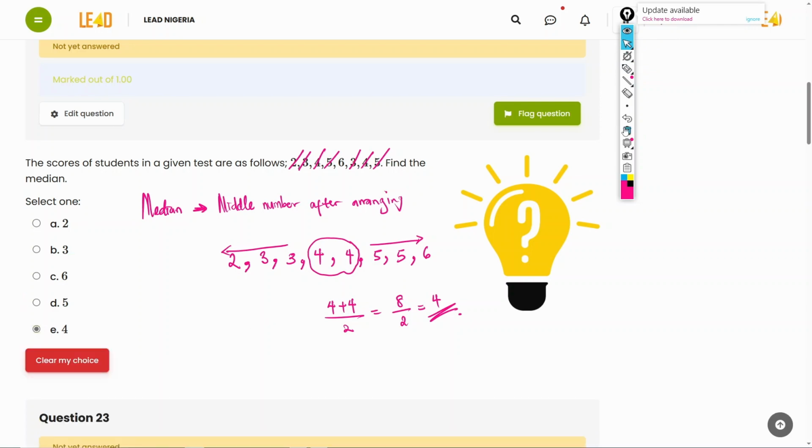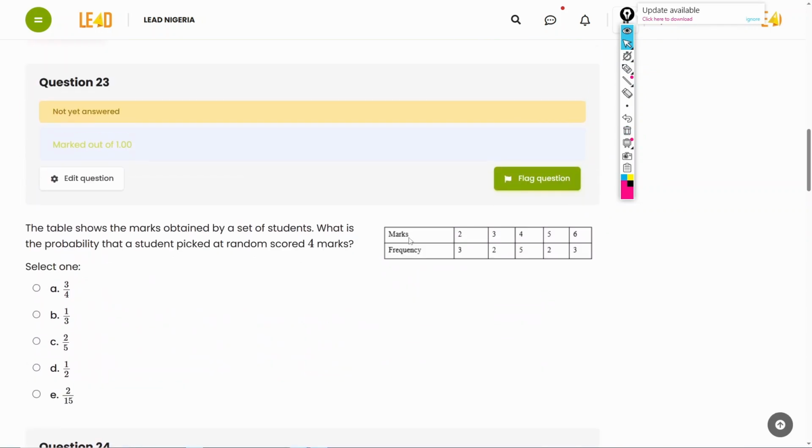All right, 23 says, The table shows the marks obtained by a set of students. What is the probability that a student picked at random scored 4 marks? All right, so let me explain what this means, right? This table means 2 marks was scored by 3 people.